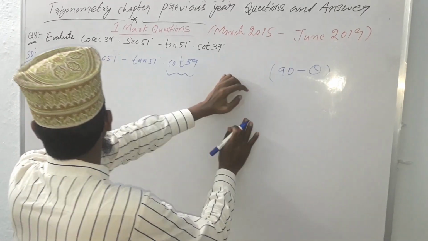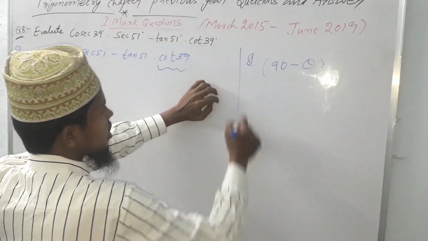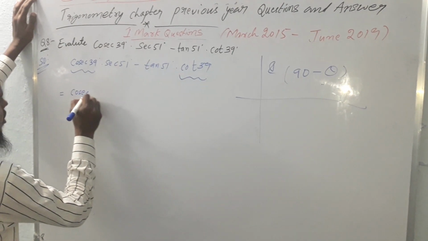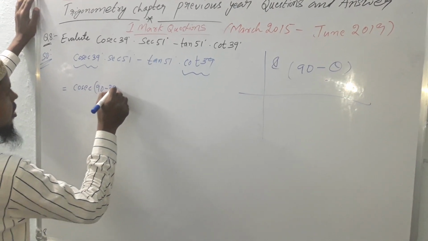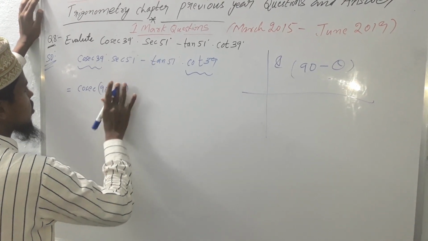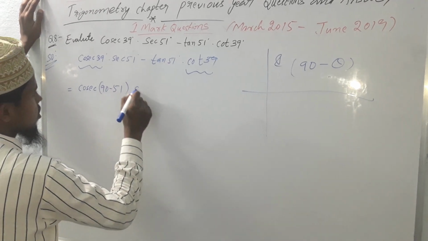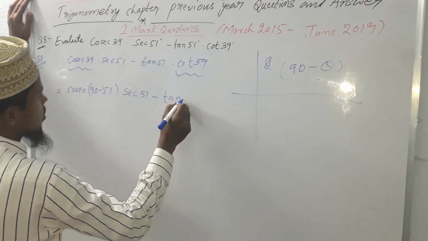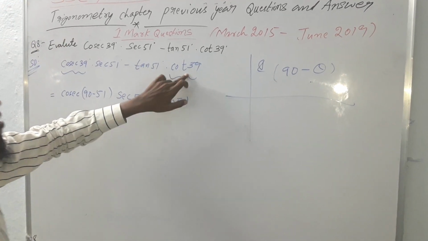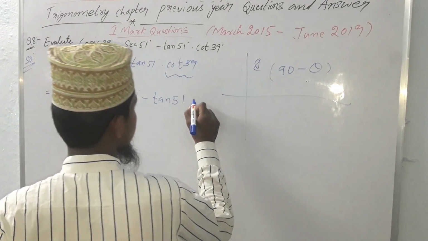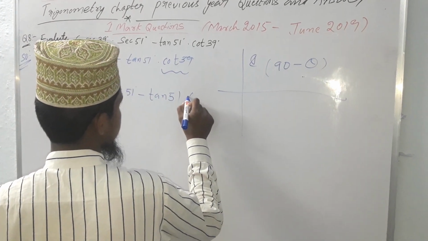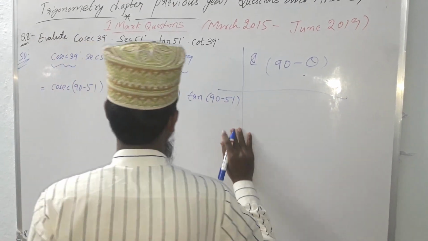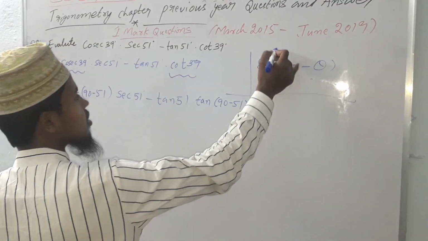We are changing the theta from the first quadrant to 90 minus theta. Cosec, you write like this: cosec 90 minus 39 degrees. Okay, sorry, 51. Secant 51. Tan 51. Okay, you have to write cot like this: tan 90 minus 51.